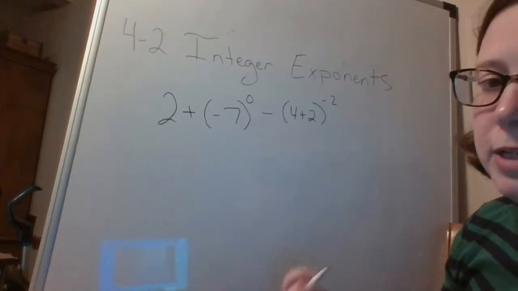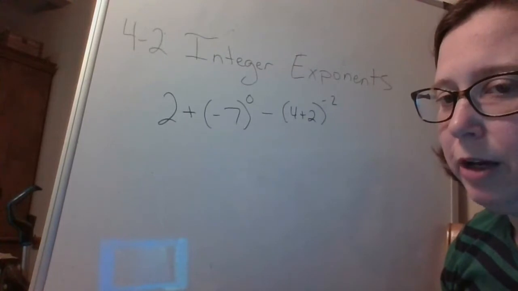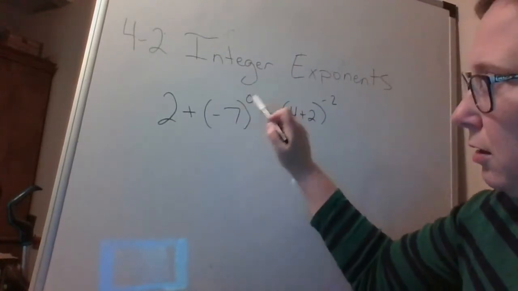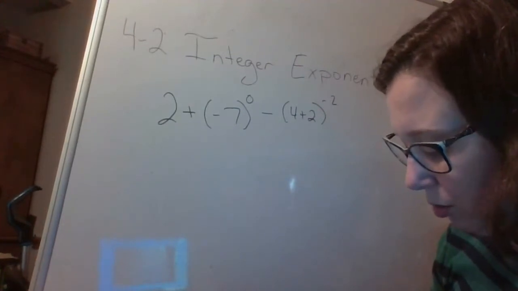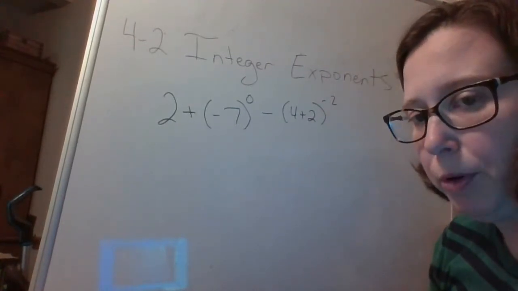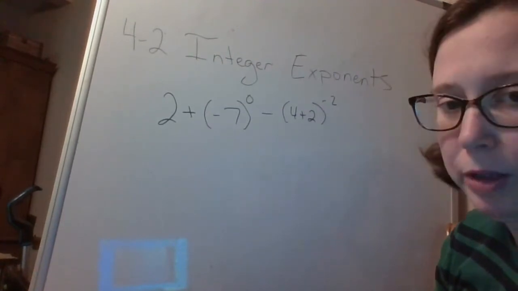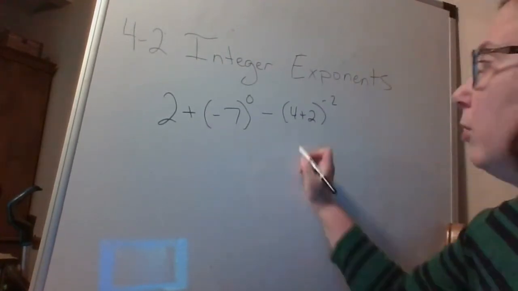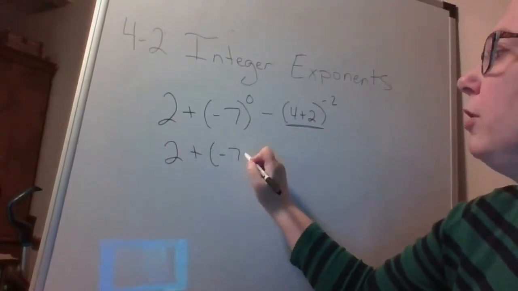So that negative 7 to the 0 power, immediately we know that's going to simplify to 1 because anything to the power of 0 equals 1. When you look at this though, you need to remember those order of operations. So we need to think about, do we have any parentheses that need to be simplified? Well, yeah, we do right here. So we're going to do that first.